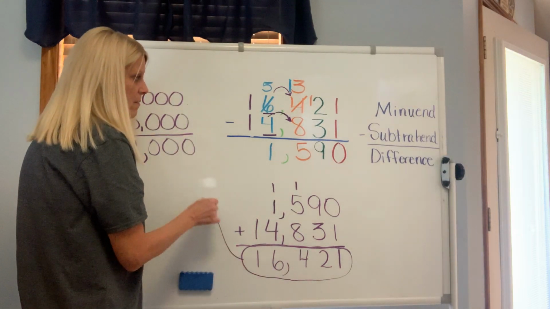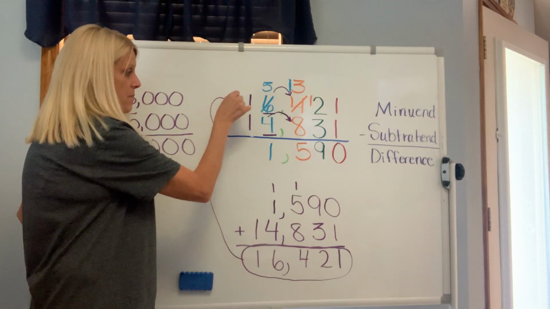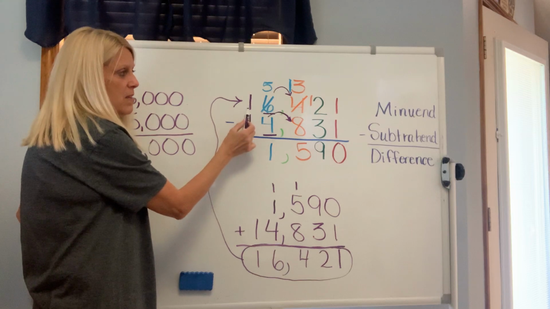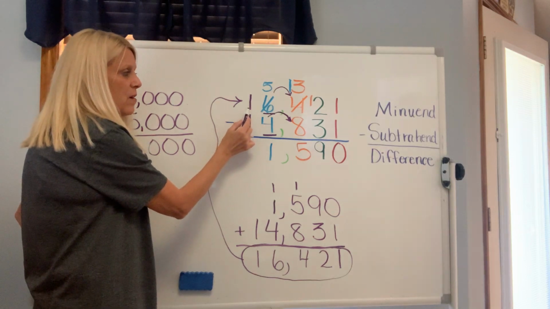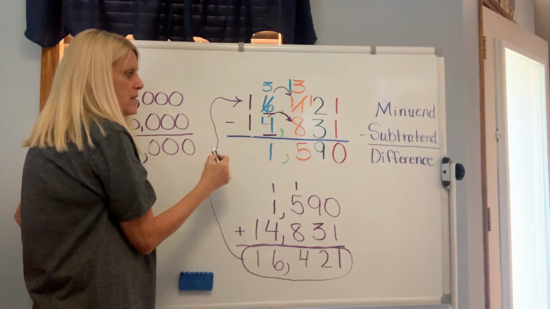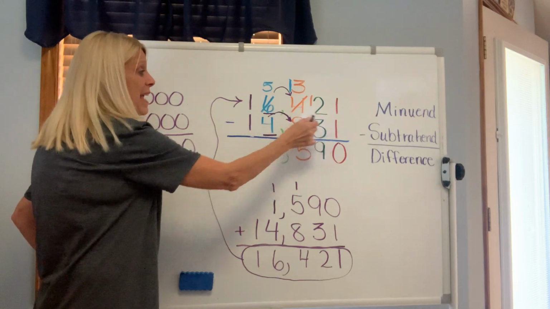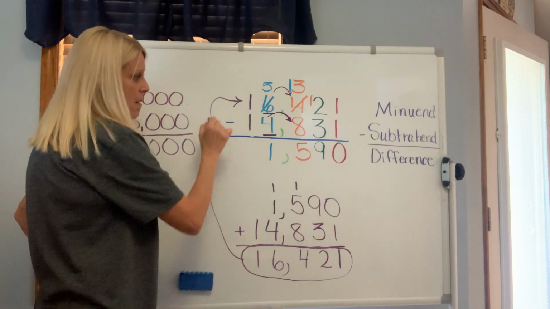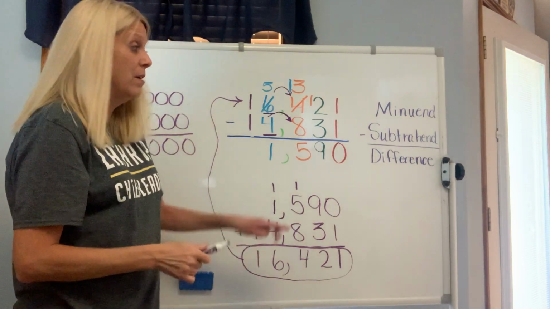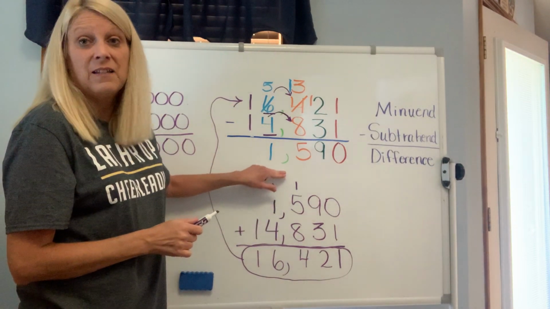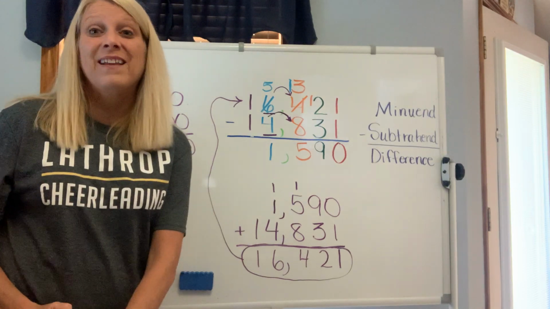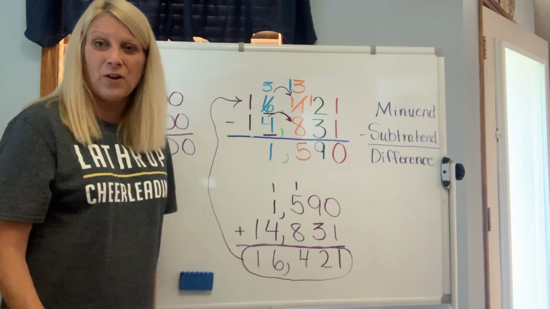Now look up here. That is the same as my minuend, the number I started with, the number I subtracted from. If those two numbers match, I know that I got the difference to my subtraction problem correct. Okay. And that is how we subtract whole numbers.